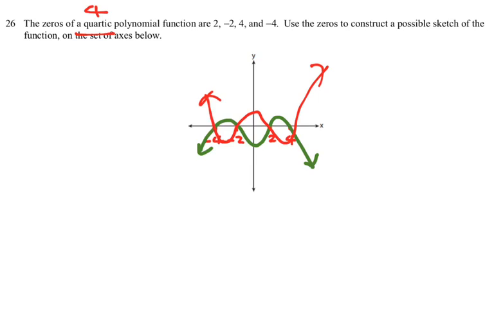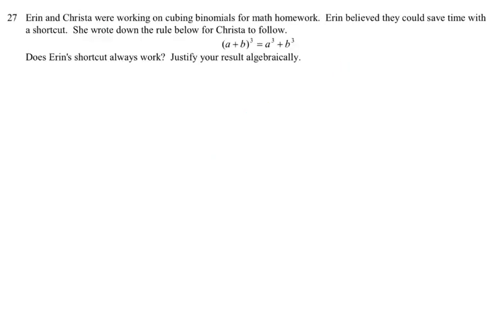All right, let's look at the next one. Number 27. We have to show that if these two are equivalent, and the answer is no, of course. But let's try to expand our first case.